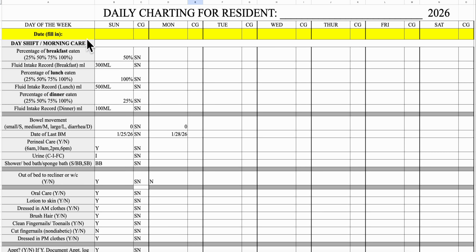Oh, another thing I forgot to mention, since it's weekly, the week begins on Sunday, ends on Saturday. So for every new week, we will put in the date. So let's say today is, we'll begin this in February. 2/1/26, we have to write in the date and put it across the board.